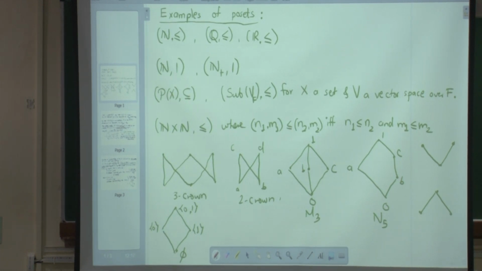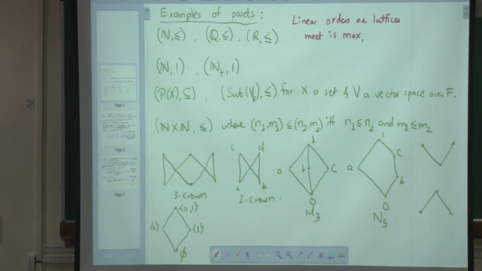Okay. So every linear order in fact is a lattice. So linear orders are lattices. Meet is min, and join is max.